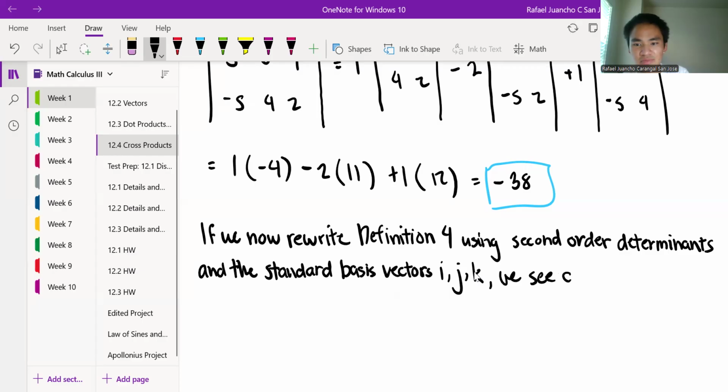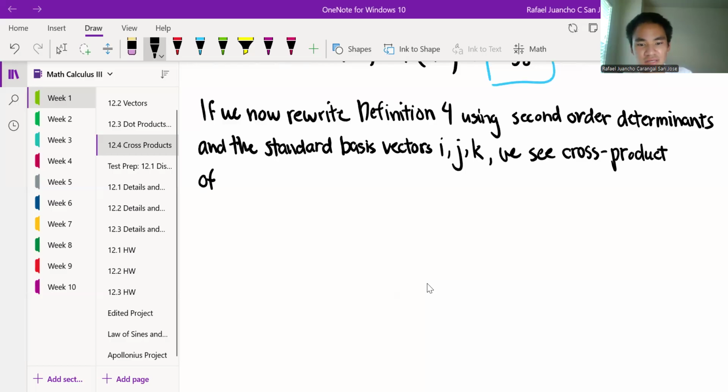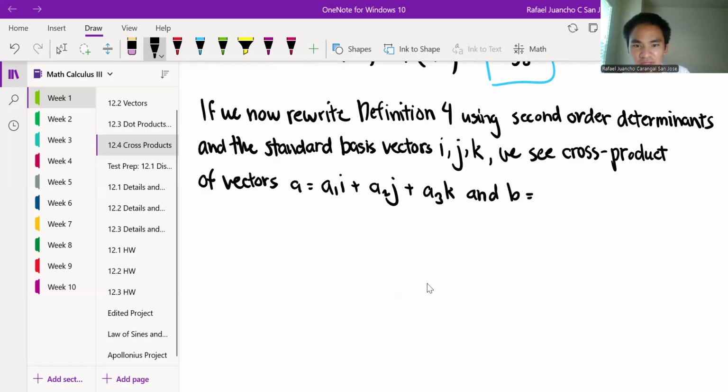We see the cross product of vectors A and B. So we have A, which is A1I, A2J, plus A3K, and we have our B vector, B1I, B2J, B3K.